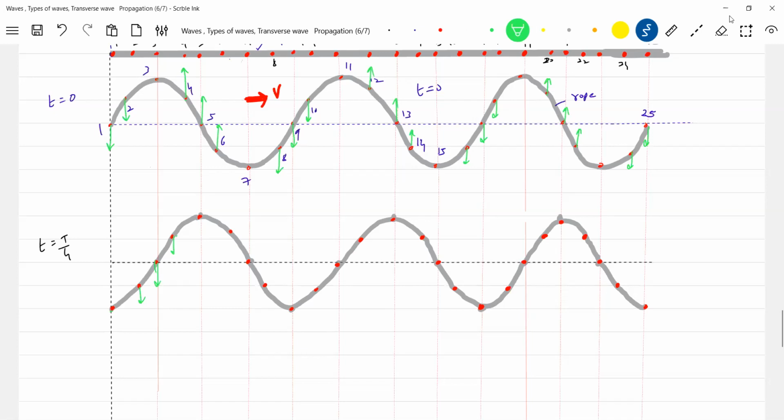This will be at rest. This will be moving up. Now the one which was at mean position moving down, what will be the state of it? It will come to the lower extreme. This is a rope every time, again and again. When you see a sine graph, it's a rope only.